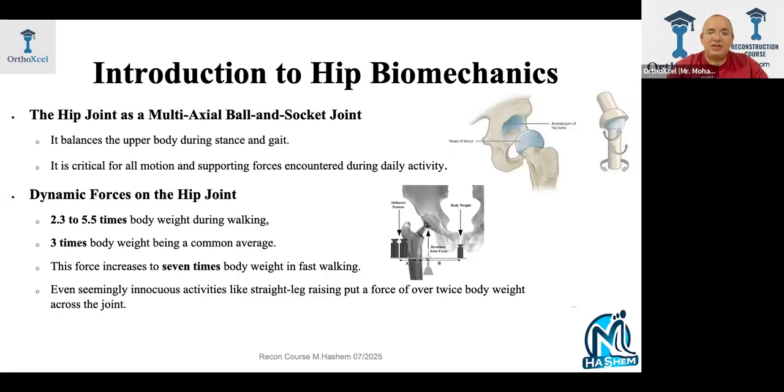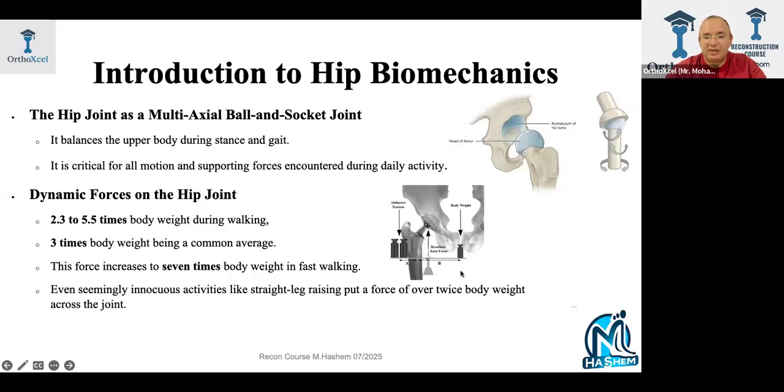So how much weight does the hip take? If you understand the idea of a free body diagram, this is your hip, and your body weight is coming across here. If the body weight is working alone, it will pull the pelvis this way, and so the pelvis will not be balanced. For the pelvis to get balanced around the hip, you have to have the abductors working on the other side, and actually not pulling the hip towards the pelvis, but pulling the pelvis toward the hip.